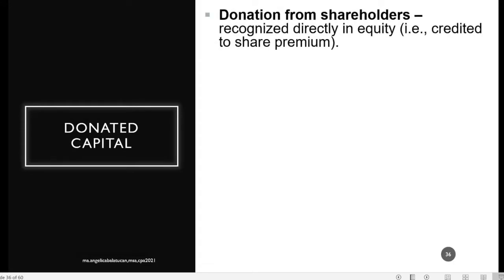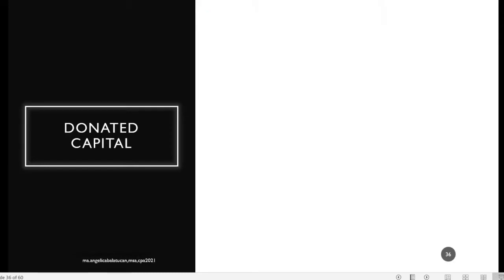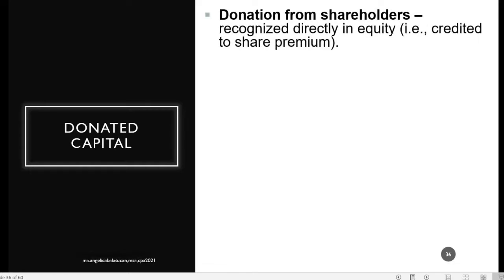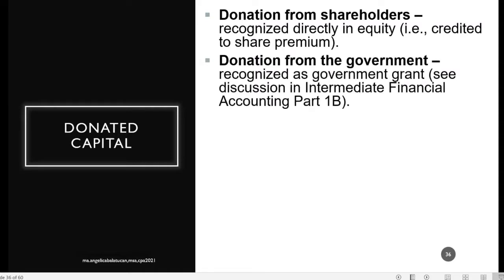Then, donated capital. What is donated capital? Donated capital arises from gifts received by the corporation from non-reciprocal transactions. They arise from the following: donation from shareholders, and these are credited to share premium and recognized directly in equity.